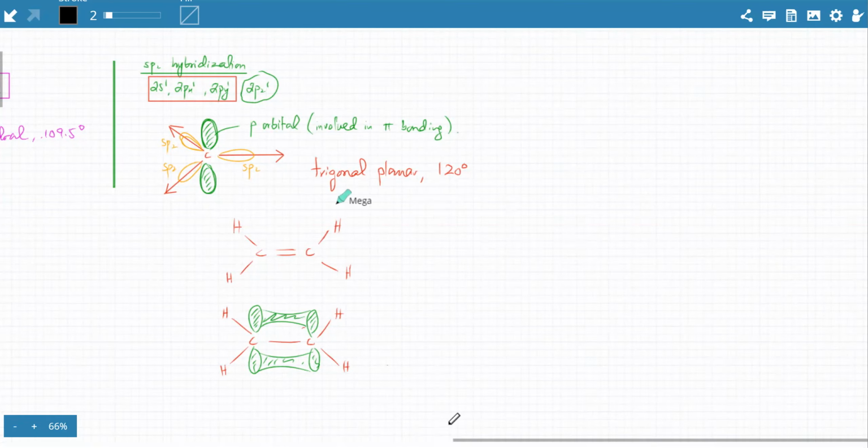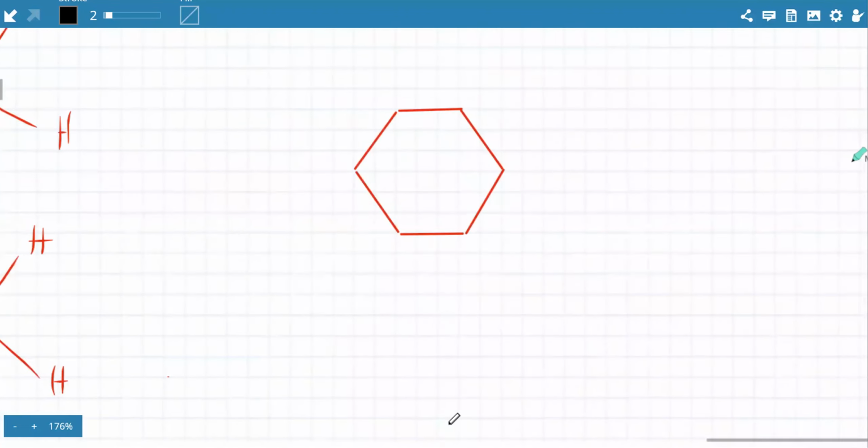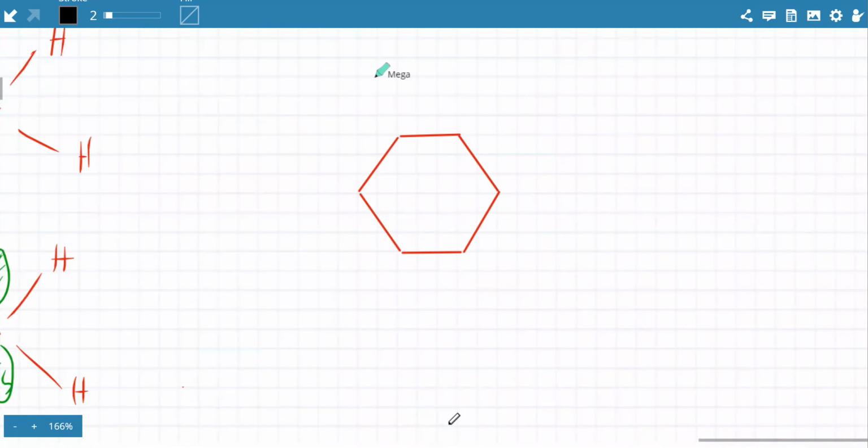In benzene, carbon is also bonded to three atoms. So in benzene, I'm going to draw the skeletal formula.